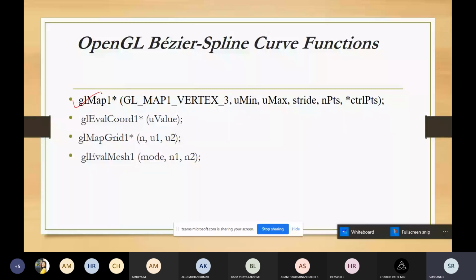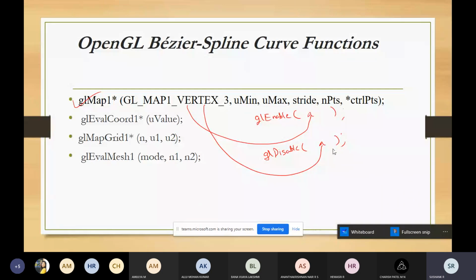This function can be used for specifying the parameters. You can activate that by using the glEnable function and passing this constant. You can deactivate this routine by using the glDisable function, and this constant has to be passed as a parameter.